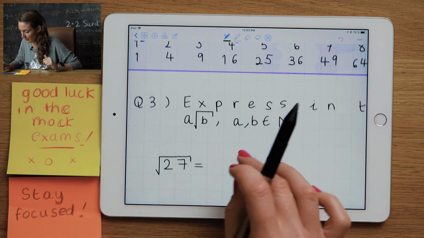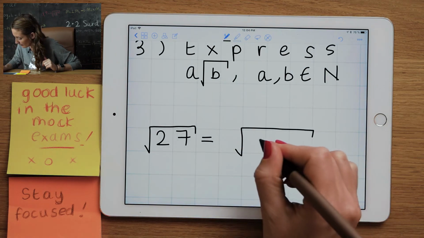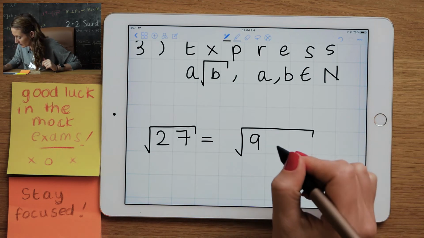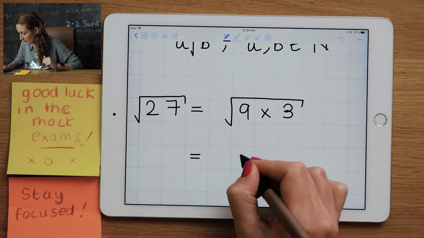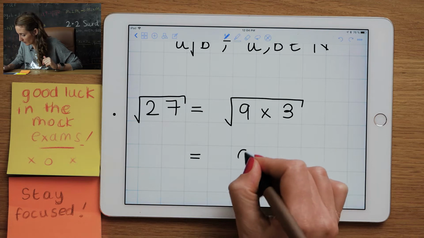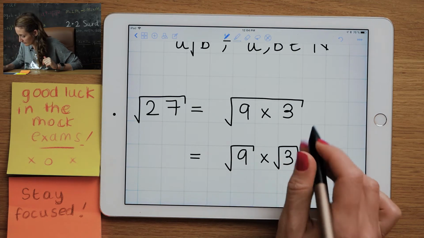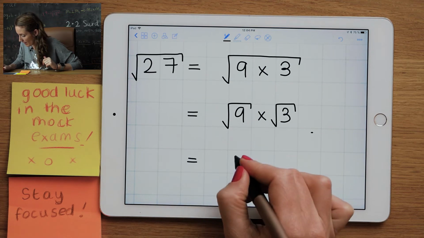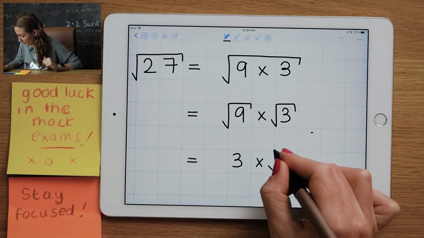So we can say 27 can be split into 9 times 3. So we put again the square root on both numbers separately. And we change the square root of 9 into 3.